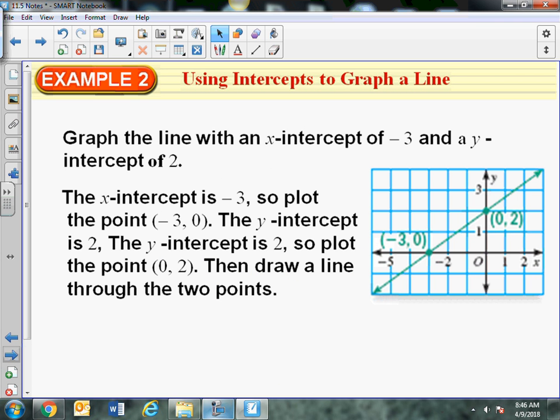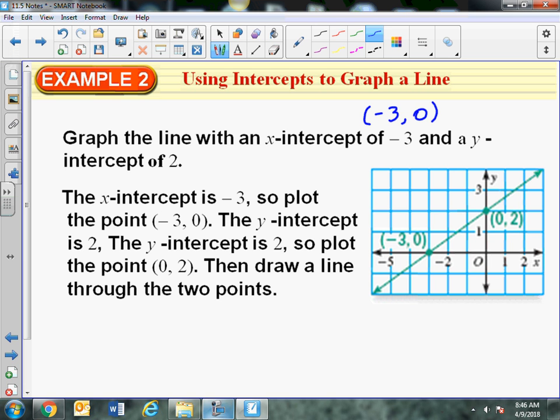Okay. This one's graph a line with an x-intercept of -3 and a y-intercept of 2. Now, notice how here they just give you one value. So really, you can turn them into coordinates. If it's an x-intercept, it'd be -3 for x, 0 for the y.